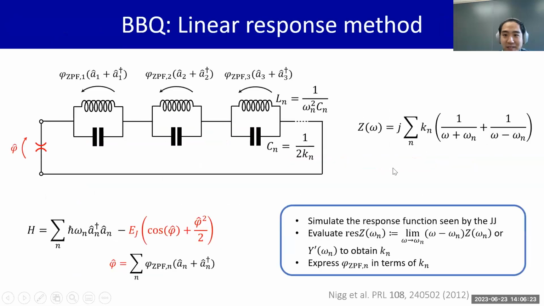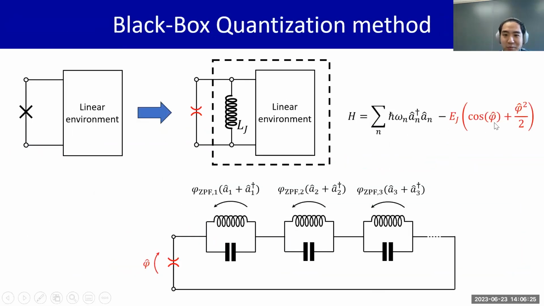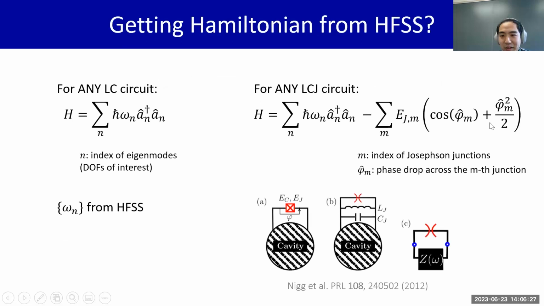Yeah, thanks. So here, I already wrote it this way: each junction gives us a cosine potential, and the phase drop across each junction is different, right?